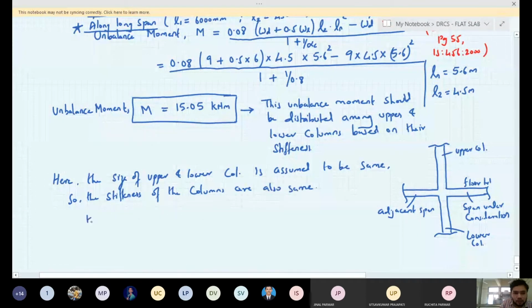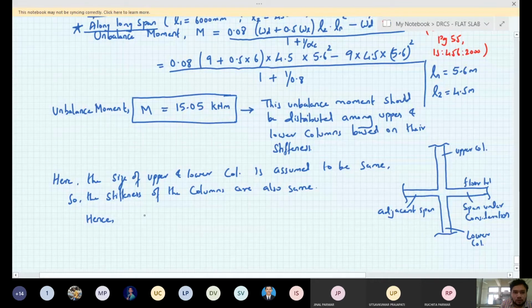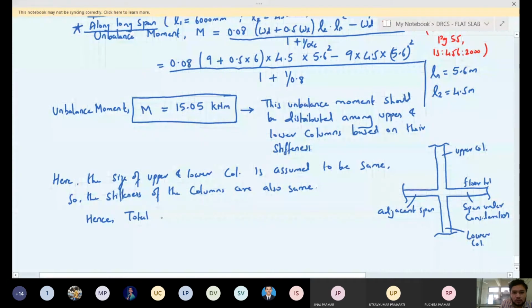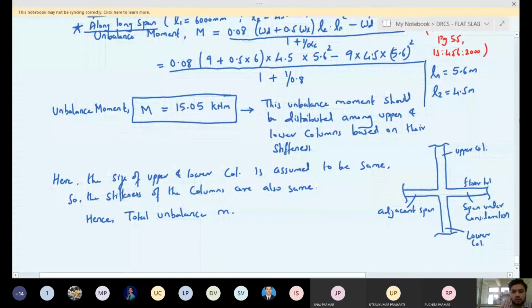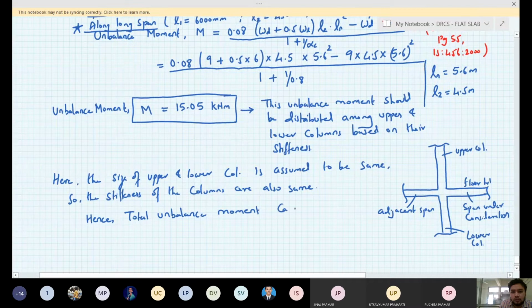Hence, the total unbalanced moment carried by upper or lower column is equal to this value 15.05 divided by 2.